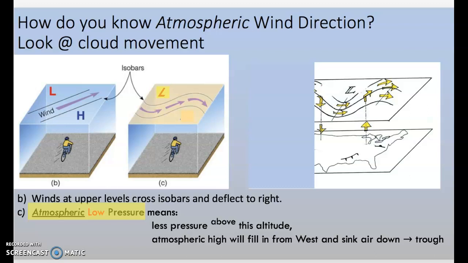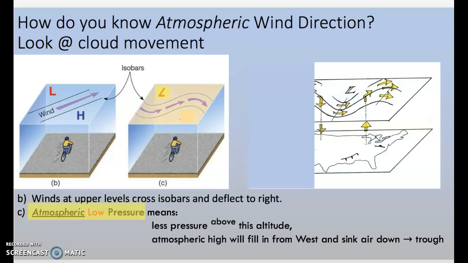You're moving with the low to the left because you know that winds at the upper levels tend to cross the isobars and deflect to the right, and tend to go parallel with the contour lines. That atmospheric low pressure system that you see highlighted there means that there is less pressure above that altitude. In other words, the winds at the upper levels were crossing the contour lines and going from high to low and deflecting to the right.